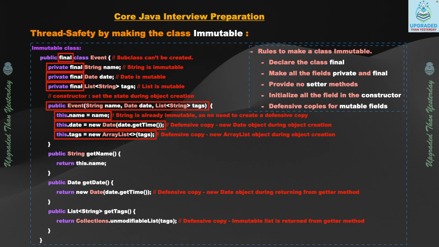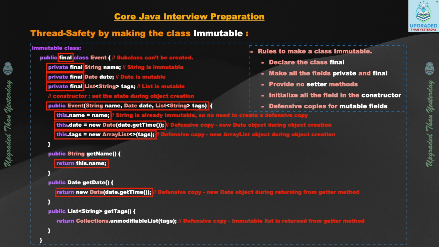Now look at the getter method. GetName method returns name, which is a string and immutable, so no need to create a defensive copy. Next, getDate method returns a date, which is mutable, so created a defensive copy.